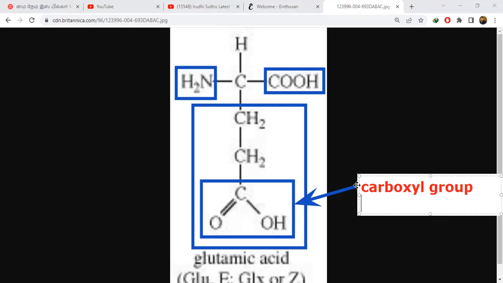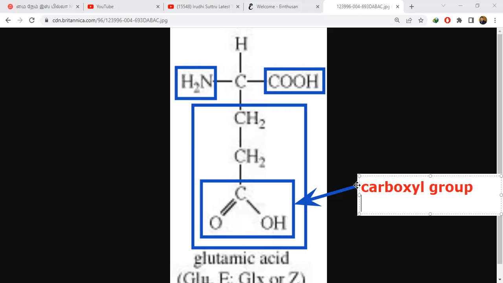I am giving these things to you not to memorize. Don't try to memorize this glutamic acid structure. These things are not for memorization. That's for understanding. You should know one amino acid can hold more than one carboxyl group.